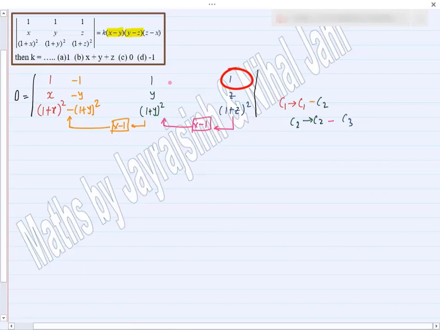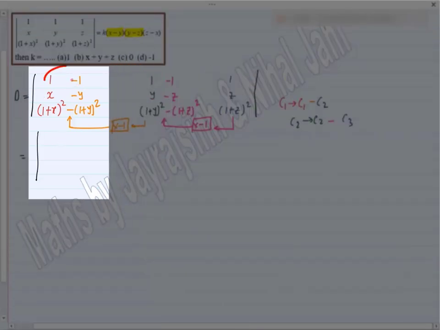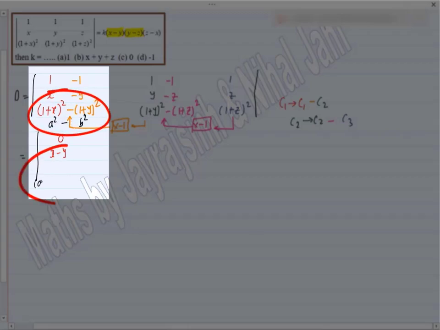Here we'll get 1 minus 1 is 0, then y minus z, and the last element is y squared minus z squared. So our first column will be 0, x minus y, and for the last element, if we apply the formula of a squared minus b squared, which is a minus b times a plus b, we will get x minus y and x plus y plus z.